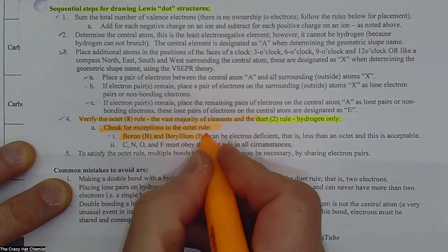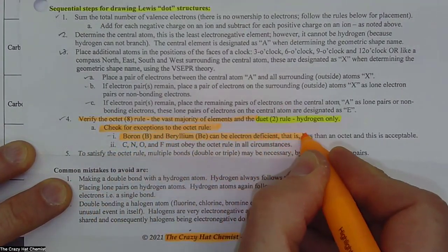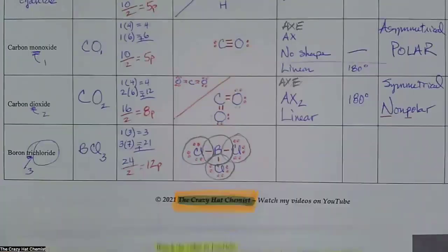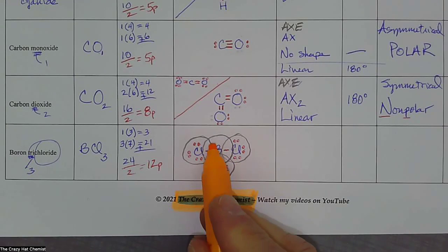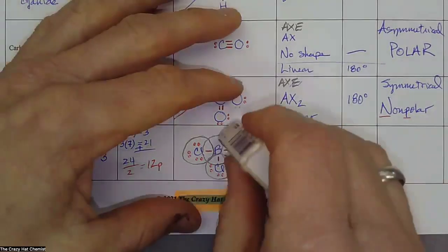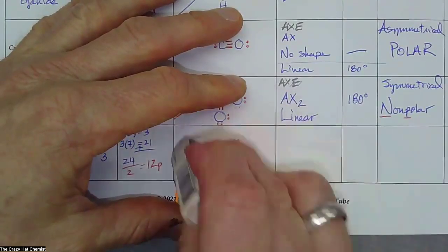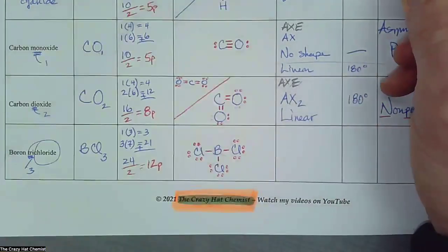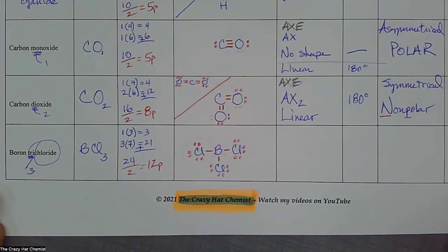Boron and beryllium can be electron deficient, that is, less than an octet, and that is acceptable. Boron can be less than an octet, and that is acceptable. That's okay. Perfect. So that is one of the rules which we are following. So that's okay if that boron does not have an octet, and you will not double bond a chlorine ever.